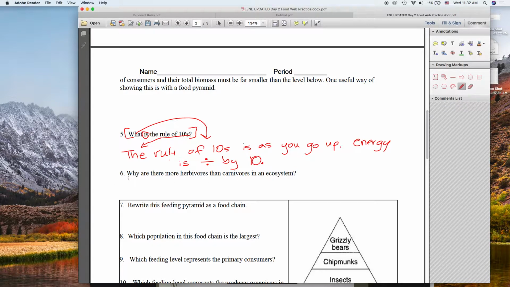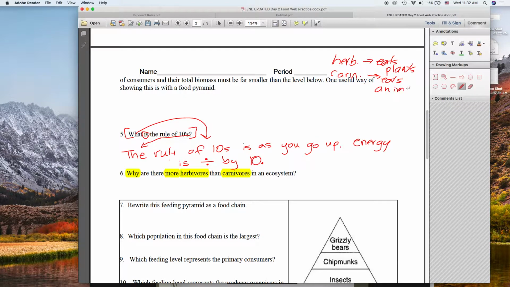Okay. Why are there, so we're looking for a reason, more herbivores than carnivores? Now let's think about an herbivore. Herbivore eats plants. Carnivore eats animals.